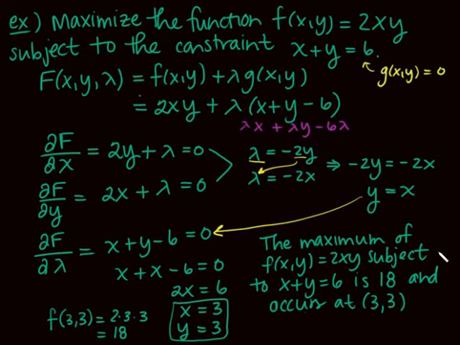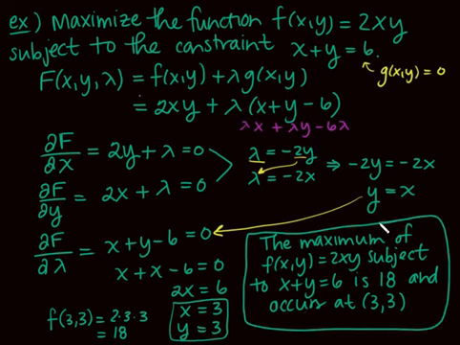So I need to hear something like that. The maximum of the function subject to this constraint is blah, and where does it occur? At 3, 3. So I need to know what is the maximum or the minimum, depending on what I tell you, and then where does it occur. Okay, and sentences are great. I will take sentences. I know I'm not an English teacher, but it's important to be able to express what the solution means in mathematics or people don't get it.